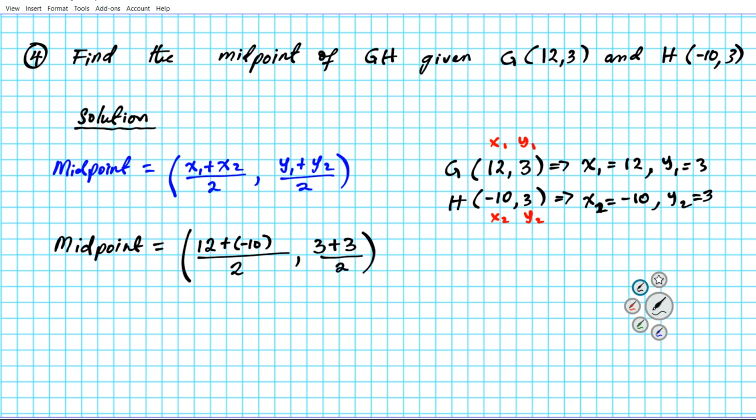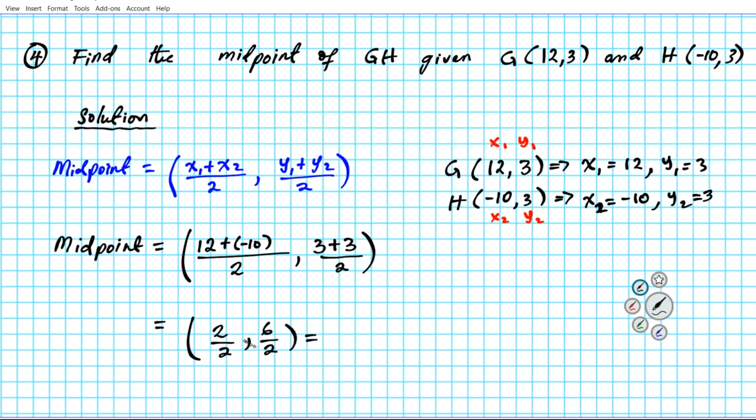All right, let's simplify this using order of operations. We do the numerator here, that's grouped together. 12 plus negative 10 is the same thing as 12 minus 10, which is positive 2. So we have 2 over 2, comma, 3 plus 3 is 6 over 2.